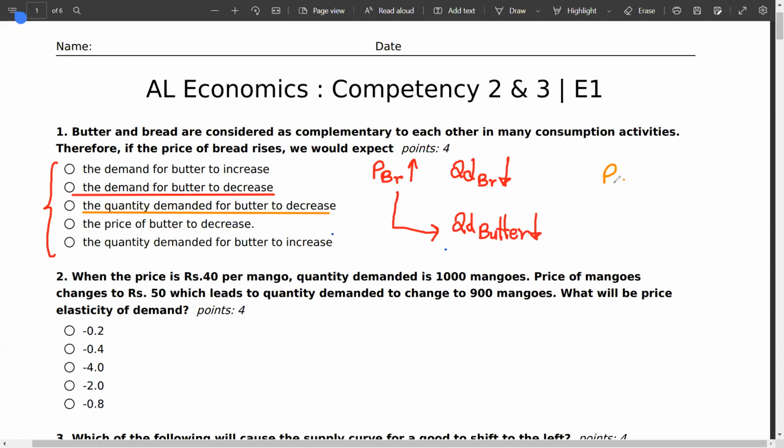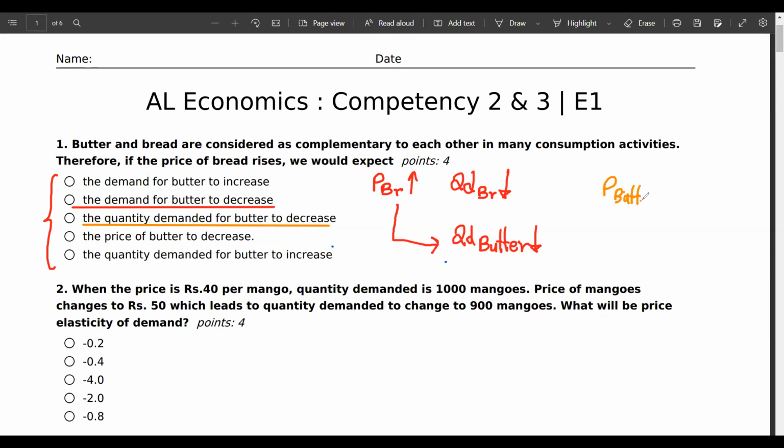If price of butter itself went up, then as a result, quantity demanded of butter would have dropped, right? So if they had said in the question that the price of butter rose, then the answer would have been quantity demanded for butter would have decreased.